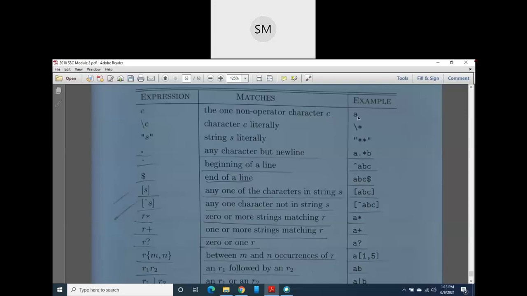The best example is A, or you can take B, C, any character. Then backslash C, like backslash N. What is it going to denote? It matches the character C literally. It means it will match exactly only the character C.